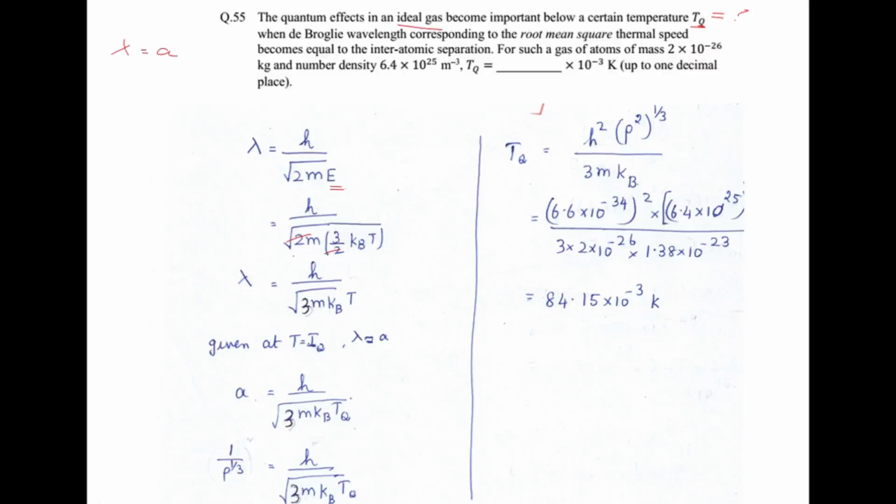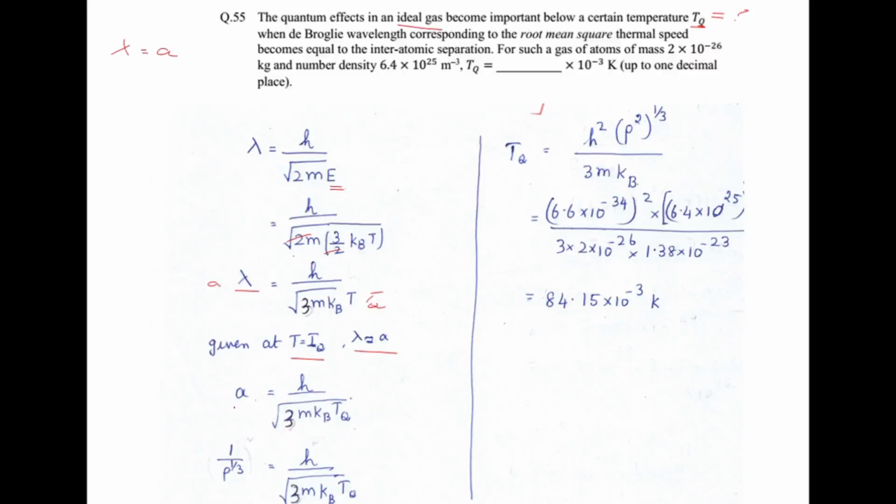In the question they have given that when the temperature is equal to Tq, the lambda value is equal to the interatomic separation. Now instead of lambda we can write a, and for T we can write Tq. So the expression will become a is equal to h divided by root of 3m kB into Tq.